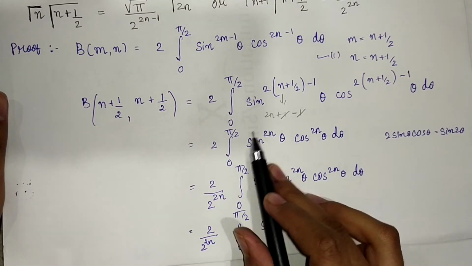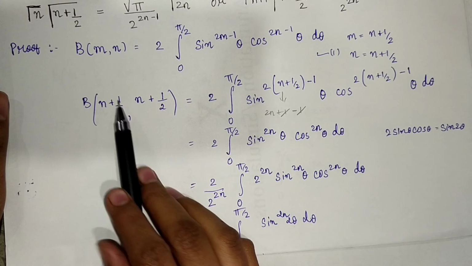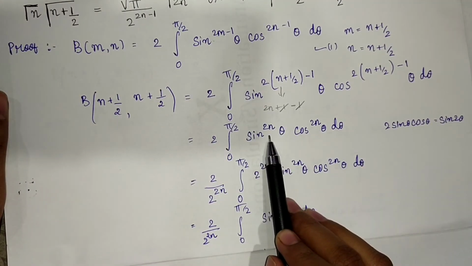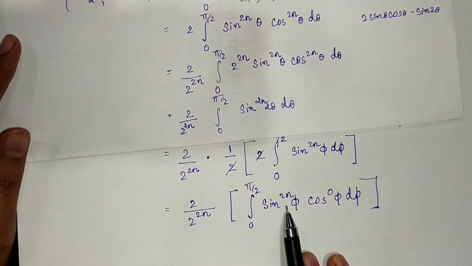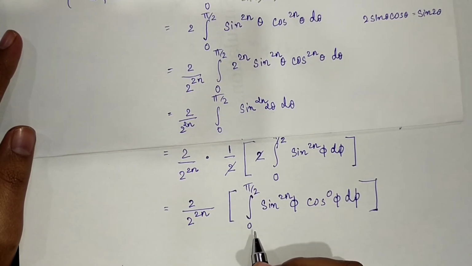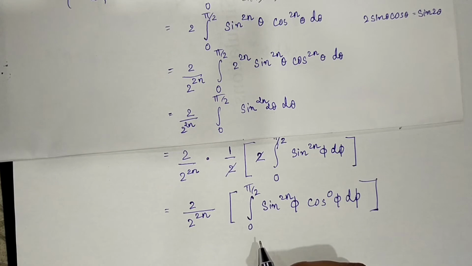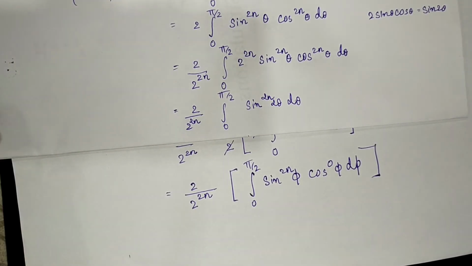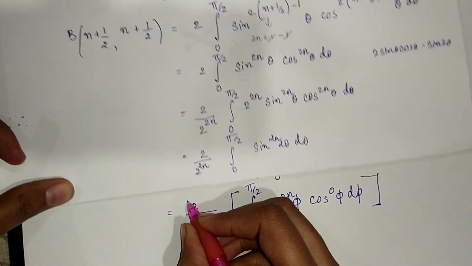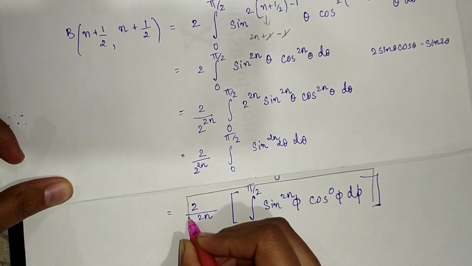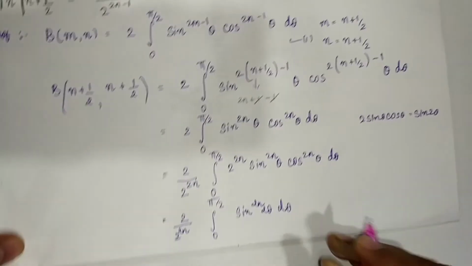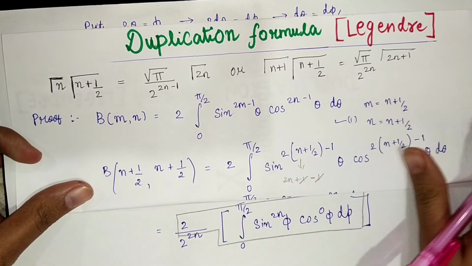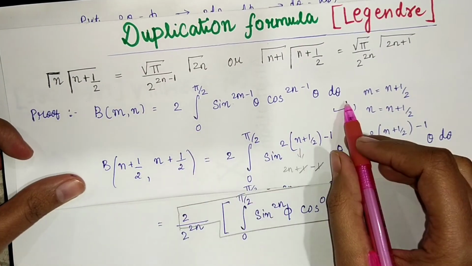So according to this equation, whenever we substitute n plus 1 by 2, we are getting 2n. So here also there is 2n. I am comparing this part of the equation with equation 1.